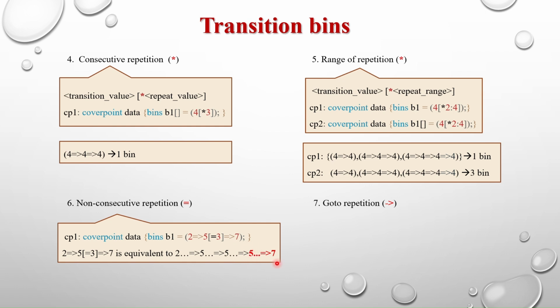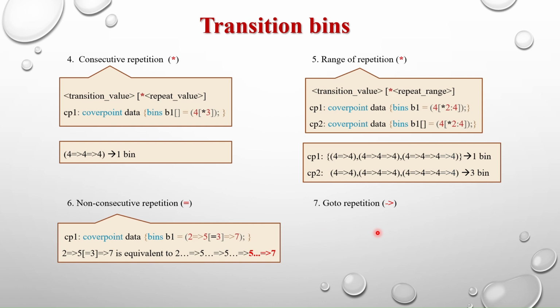This is the important thing in the non-consecutive repetition and goto repetition. Here you just focus here. After 5, the last repetition value, any value can come, then the last transition value should come. How many times has 5 repeated? 1, 2, 3, 3 times it has repeated. So this is the equivalent form of this one.